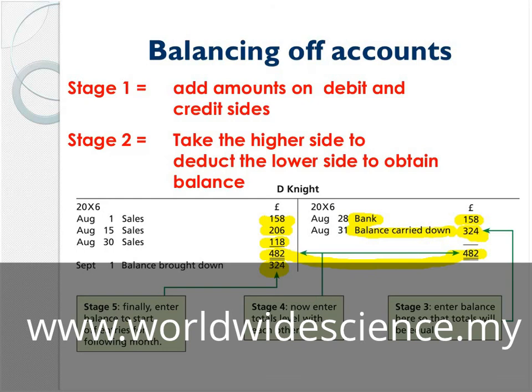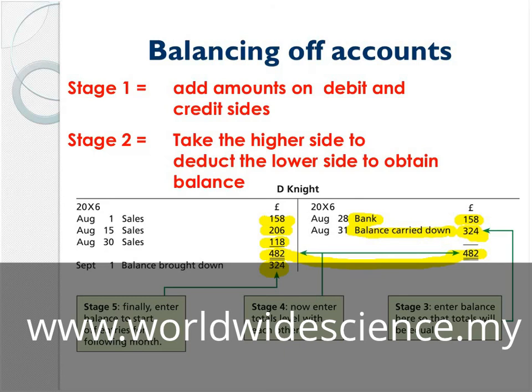Now, expenses. Look at stage number 2: take the higher side and deduct the lower side to obtain the balance. So here we have 482 in sales, right?